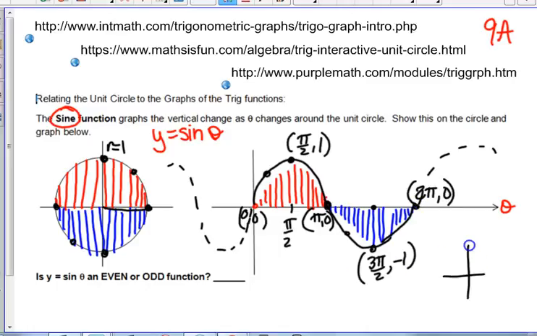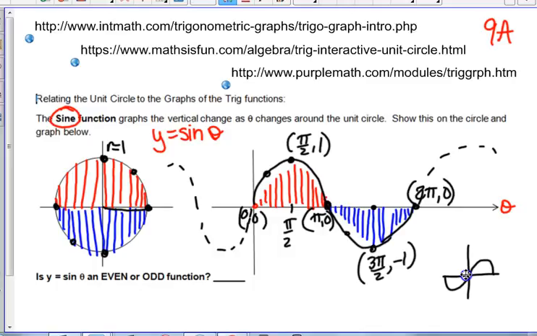Matter of fact, I'm going to redraw this, and this is what the graph would look like if I drew just a little bit on either side of 0, 0. Do you remember, is that even, odd, or neither? What kind of symmetry does it have? Origin. It has origin symmetry because I can turn it over and it looks the same, yes?